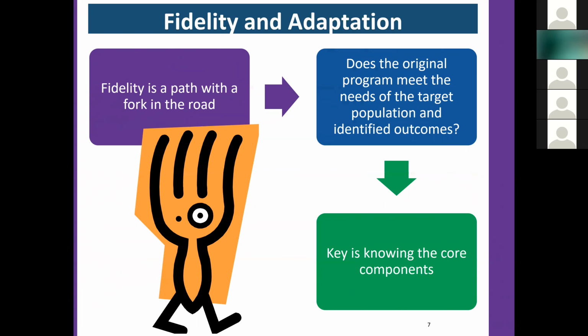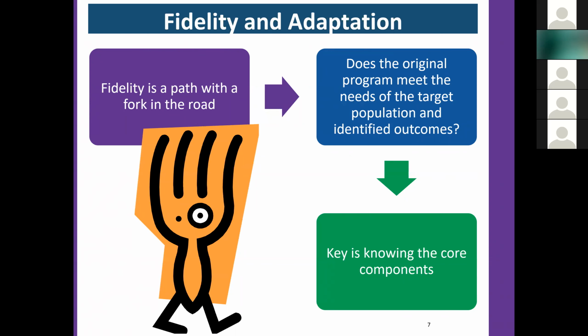Because fidelity and adaptation go hand in hand, and when you're talking about implementing anything, whether it's well researched and you know exactly what it is, versus something you've put together and there's a group of components that you believe need to go together to make your outcomes successful for families, whatever the case may be, if you choose not to implement all of those pieces as you had originally intended, then you have done an adaptation.